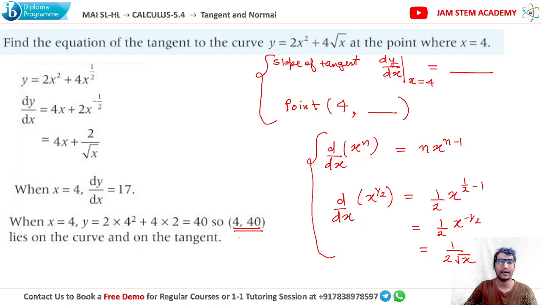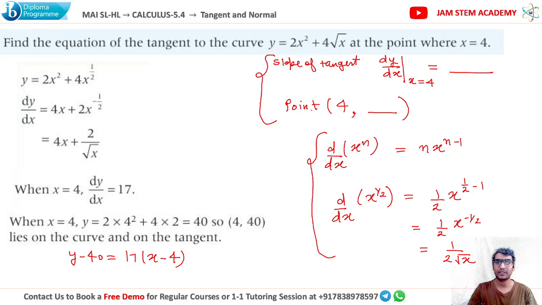And now we can easily find the equation of a line passing through 4 comma 40 and having the slope as 17. So yes, simply use y minus 40 equals m, 17 times x minus 4. And if we simplify this, we will get our answer. So that was all about finding the equation of the tangent line to the curve.